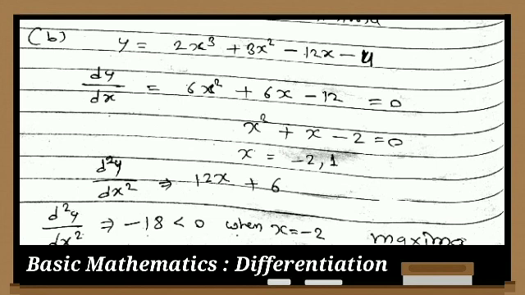So students, this was the differentiation, and we have finished the differentiation. You have seen every concept of differentiation and the formulas. You can find the formulas or table of formulas of differentiation on the internet or in your maths book.